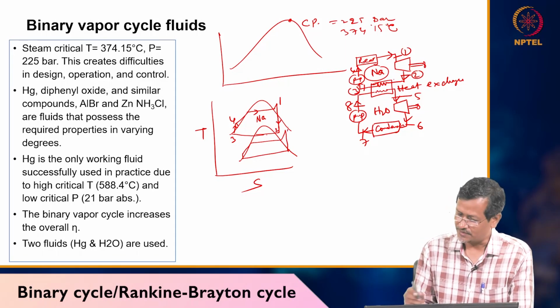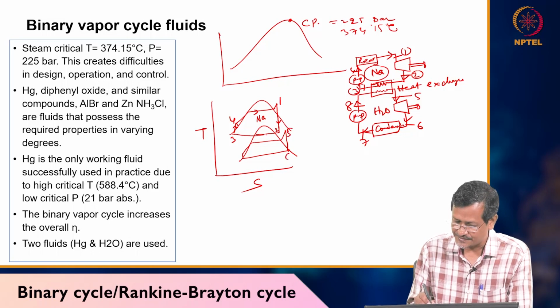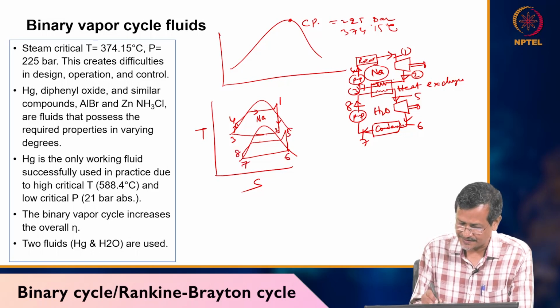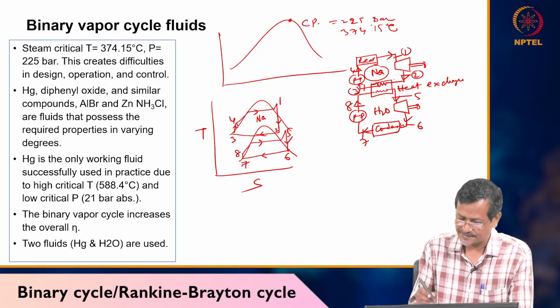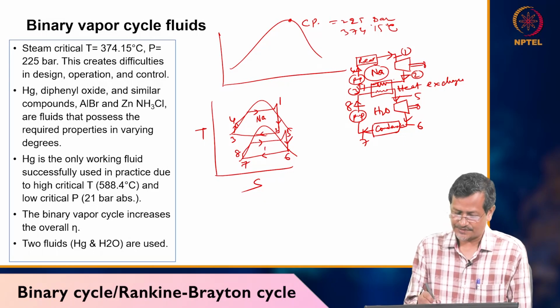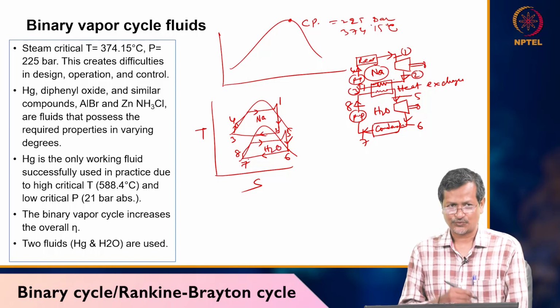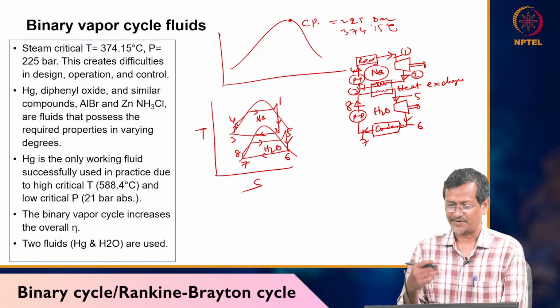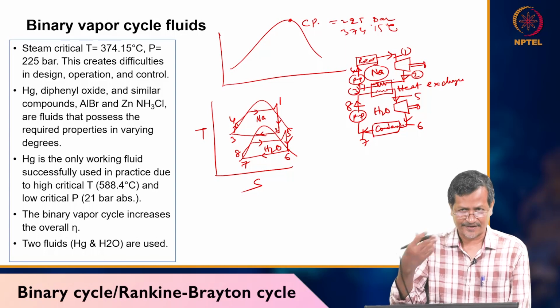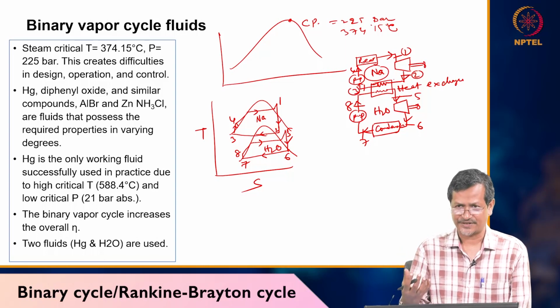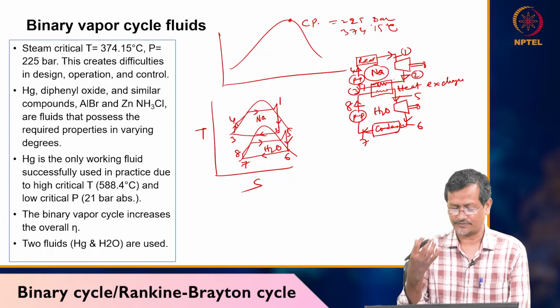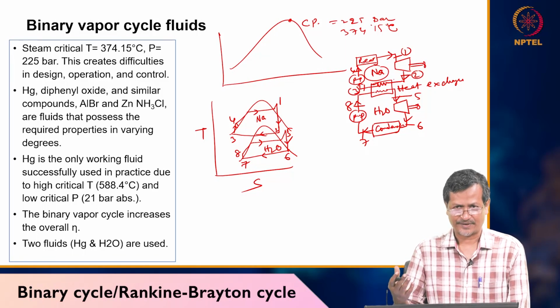This is 5, this is 6, 7, 8. Okay, so this is the H2O cycle. So two cycles together. So the first cycle is maybe harnessing some energy or extracting some energy from the fuel, from the fluid. H2O also extracting a certain amount of energy.